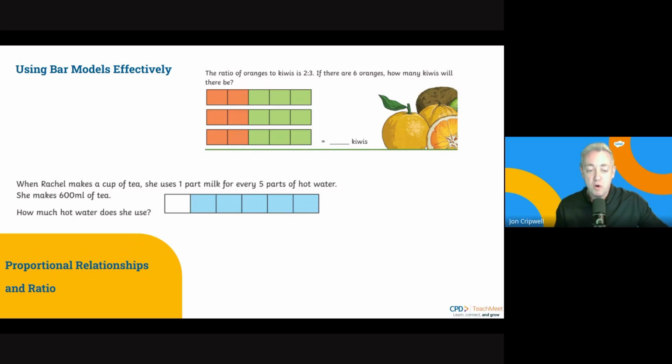But just drawing it out to see this 1 part milk and 5 parts hot water shows us that actually there's 6 parts in total, and therefore we can divide the 600 by 6, which tells us that each part here is 100 milliliters. So she will use 500 milliliters of water.